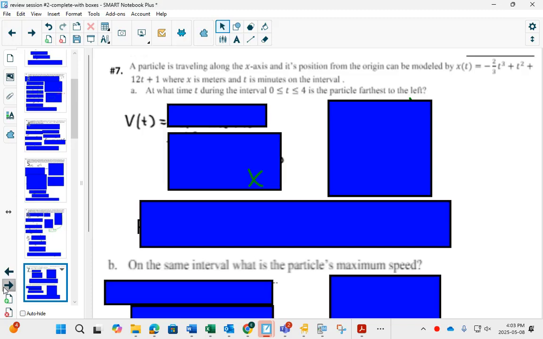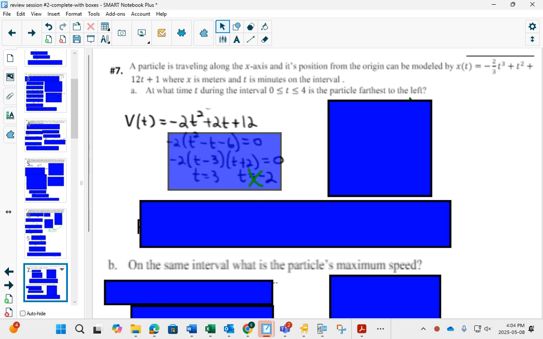Okay, so if that's its position, then we've got that SPA: the derivative of its position is velocity. And if we solve the velocity, we know that at time equals 3, the velocity is 0.